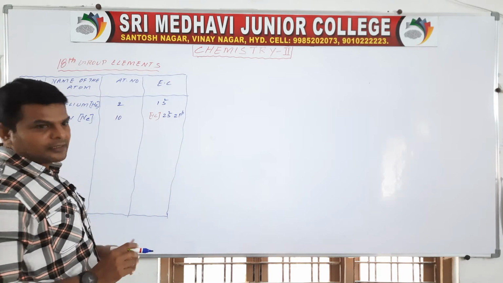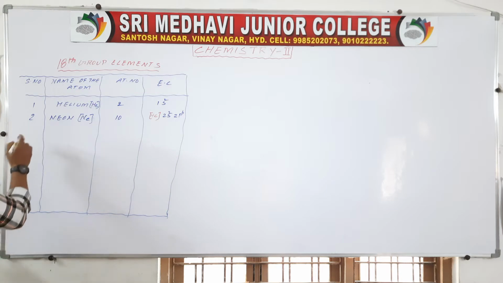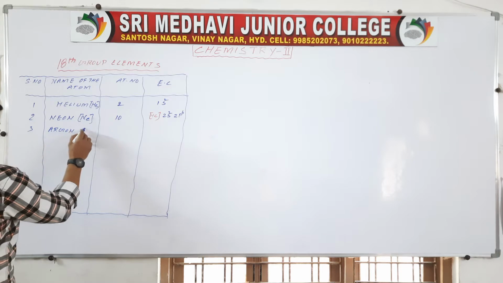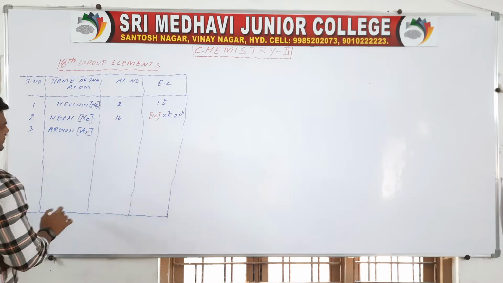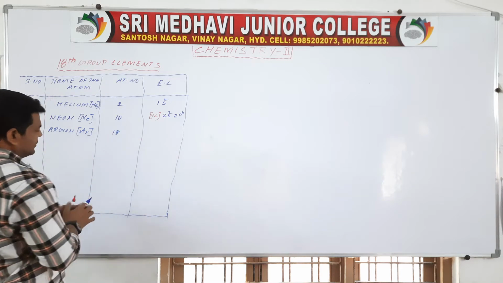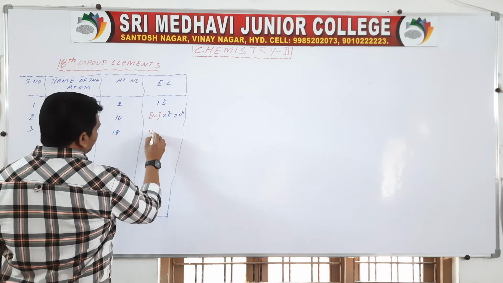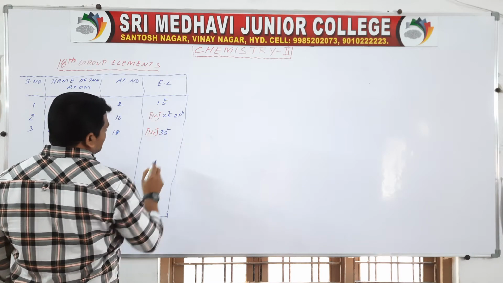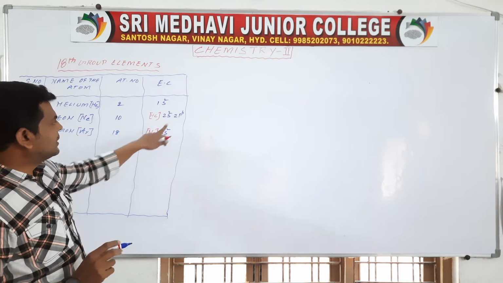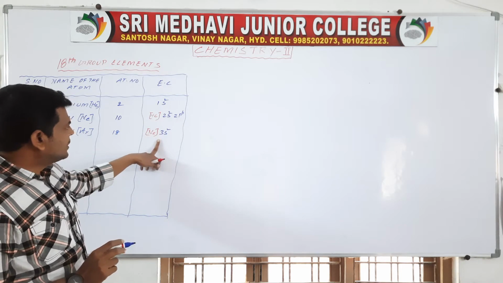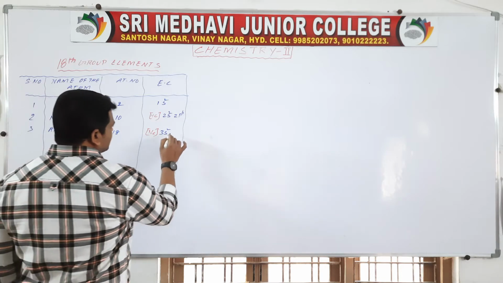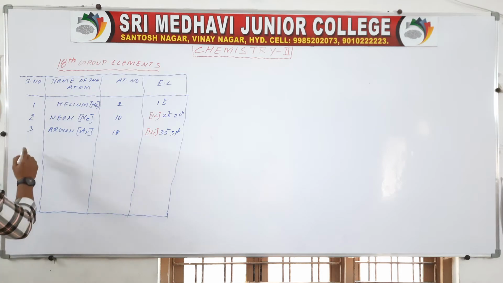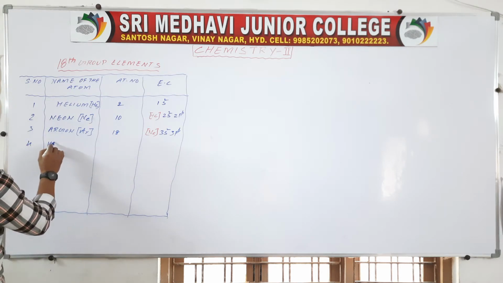Then third one is argon, symbol Ar, 18. I am writing its electronic configuration using neon, next 3s2 3p6. After 2p6, electrons enter into 3s2 3p6.